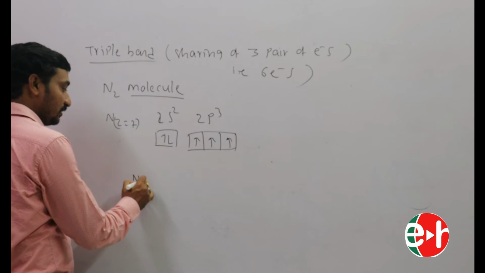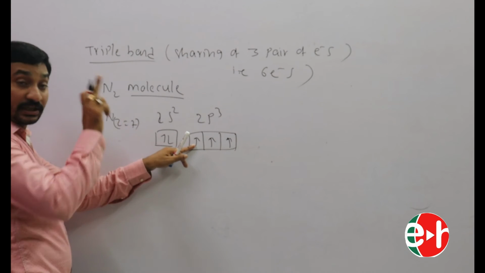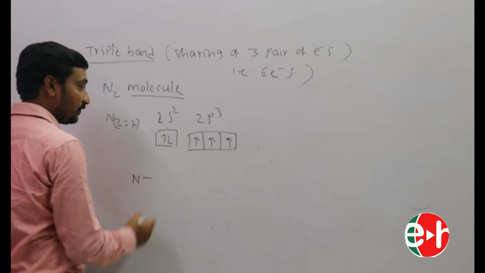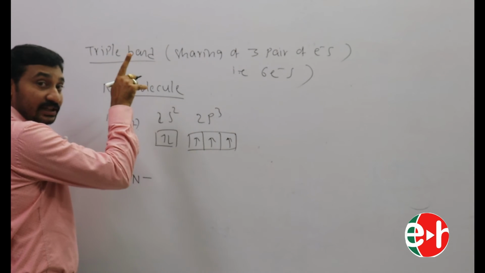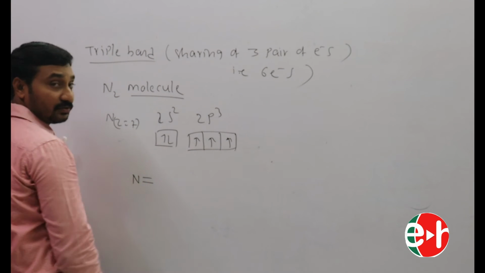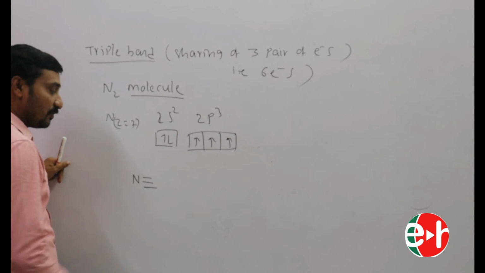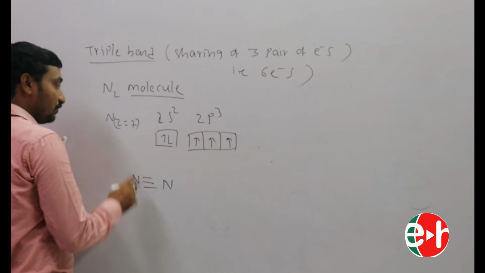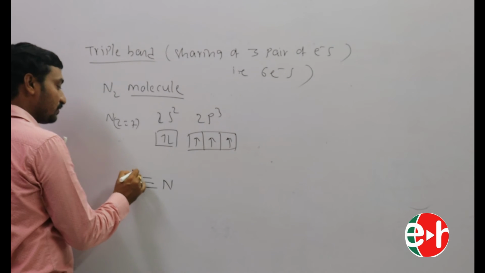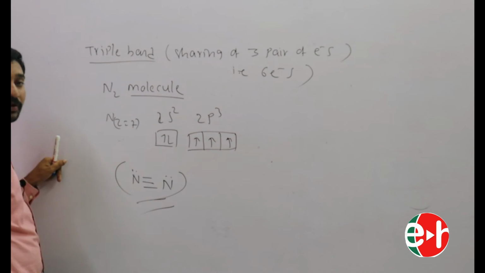Each electron pairs with an electron of the other nitrogen atom to form the first, second and third bonds. Each nitrogen also has one lone pair of electrons. So a triple bond is formed.